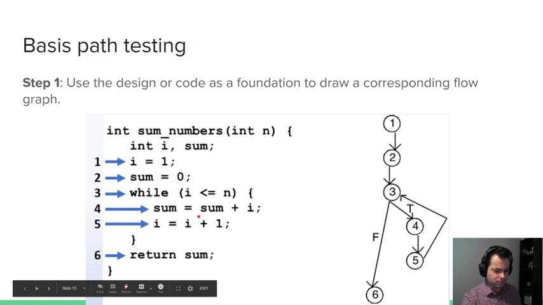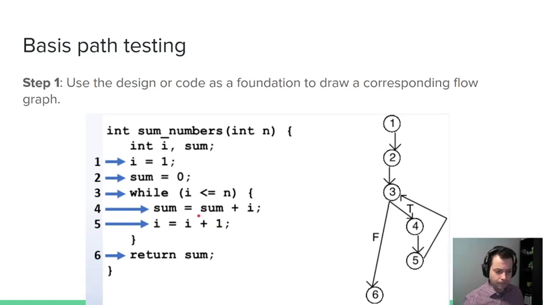Make sense so far? Any questions on creating a graph like this? I should say this is one of the simplest types of graphs that you can have. You can make this way more complicated too. Does turning code into a flow graph make sense?